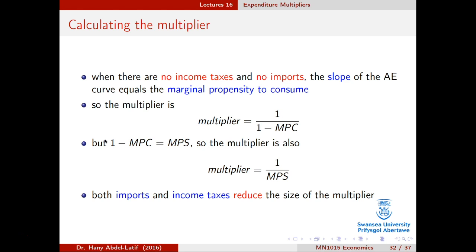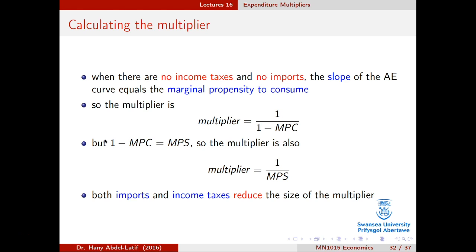So what I did, I said, well, if that is the case, that means the multiplier will be 1 over 1 minus the marginal propensity to consume. And the marginal propensity to consume in my example here was 0.8. So 1 over 1 minus 0.8, that means 1 over 0.2, and that gives us 5.